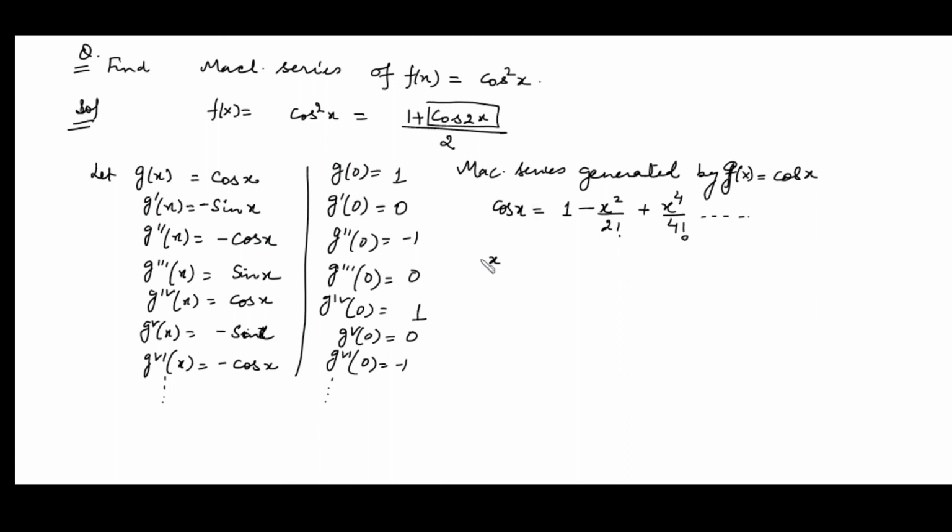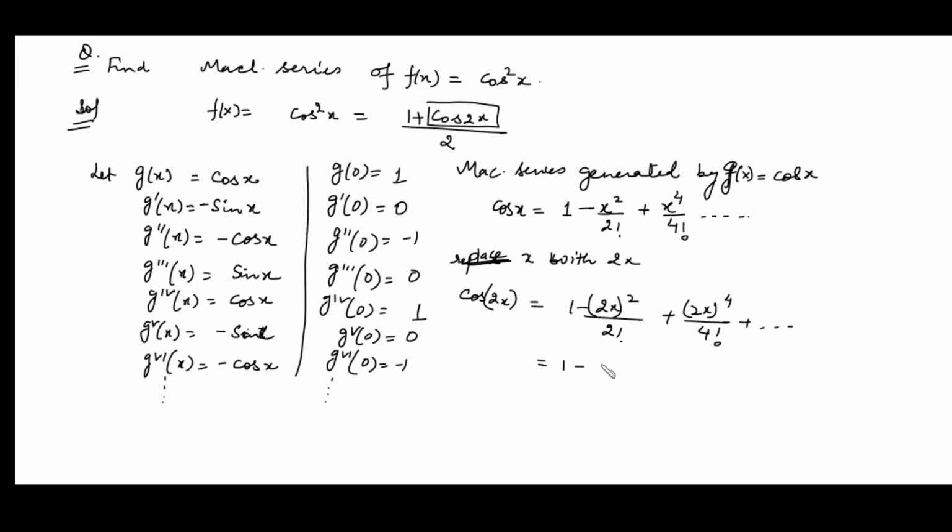So when we replace x with 2x, we will have the Maclaurin series for cos 2x, and so on.